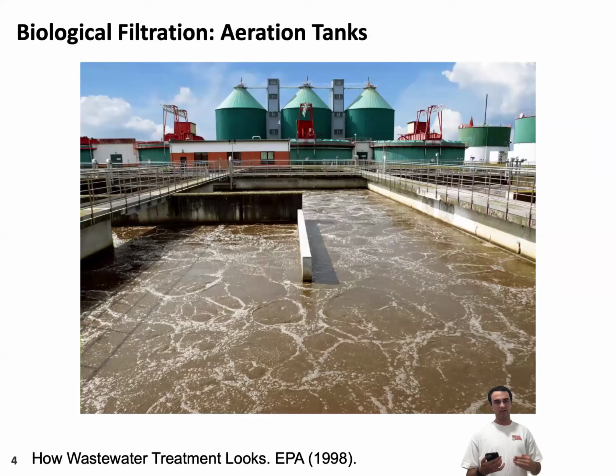The sludge will be collected and removed, and the water on the top of the clarifier that I showed before will flow into this tank right here to be further treated by the bacteria. And this is also described by how wastewater treatment looks by the EPA in 1998.